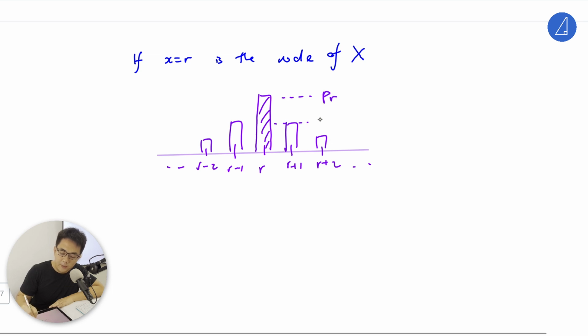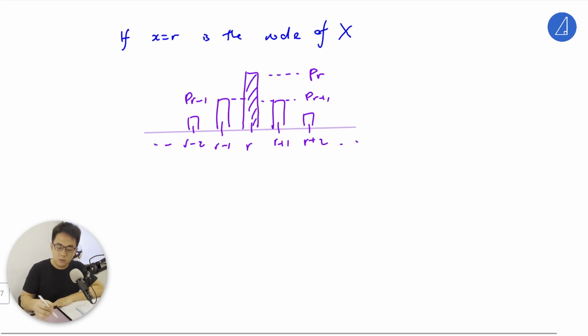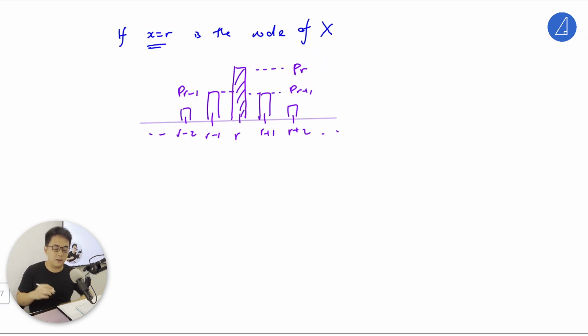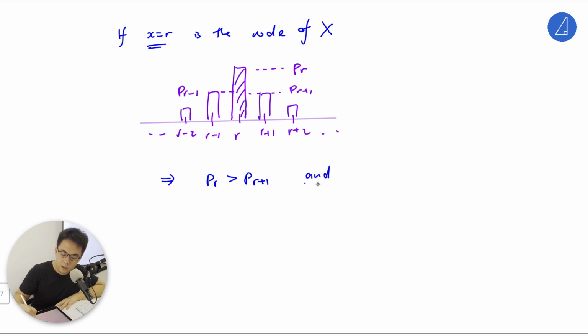So P(r+1), P(r-1). You know that if P(X=r) is the mode, then P(r) will be bigger than P(r+1) and P(r-1). You need to satisfy both. This one is important, so take note of this.